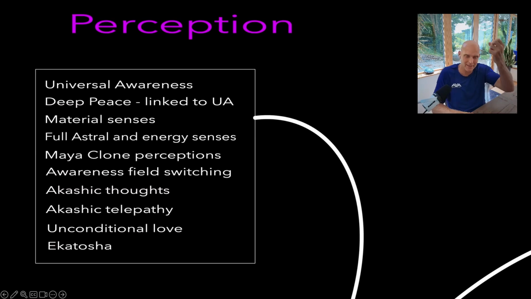Your identity needs to be universal awareness. Needs to feel deep peace. Still need your material senses. You still need full astral and energy senses, and so on, basically. But yours might be completely different to this, just so you're aware.